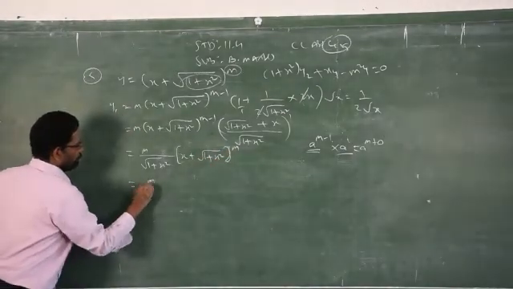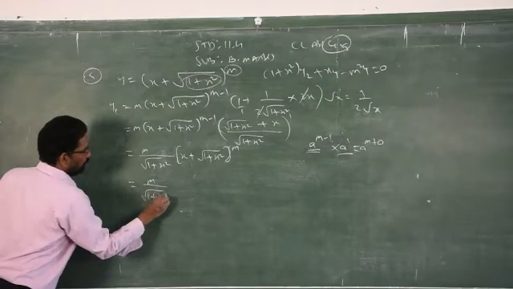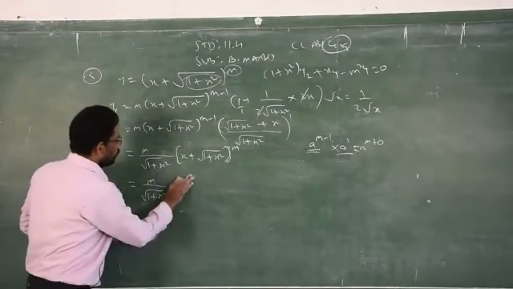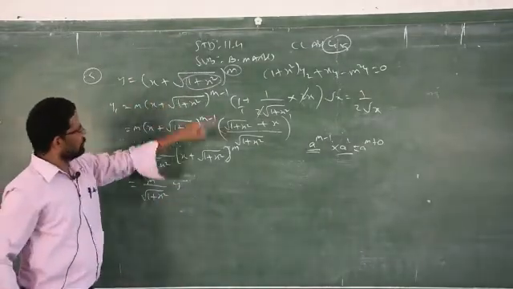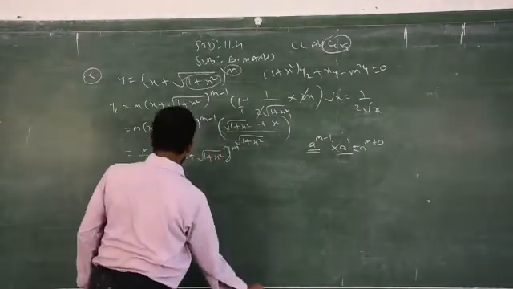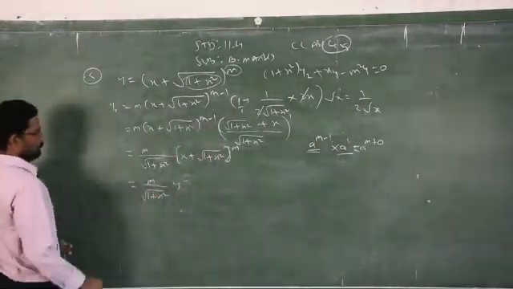So that is m by square root of 1 plus x square, this is nothing but what? y. x plus square root of 1 plus x square to the power m is y, that is I am replacing y.